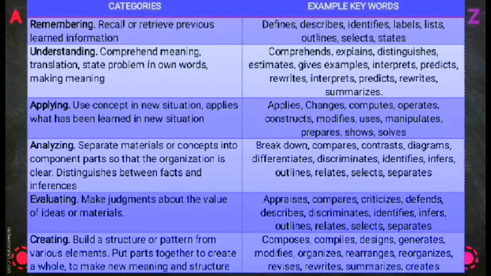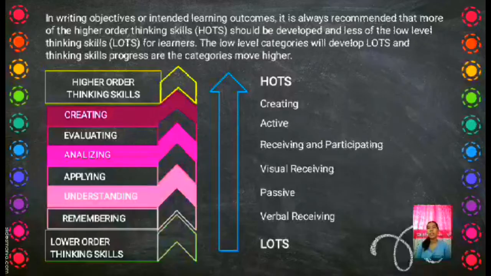Put parts together to create a whole to make new meaning and structure. So example keywords are composes, compiles, designs, generates, modifies, organizes, rearranges, reorganizes, revises, rewrites, summarizes, and creates.